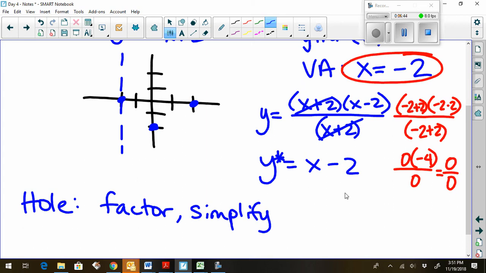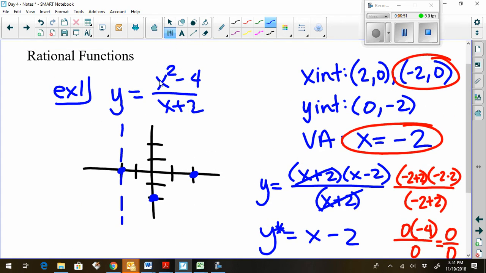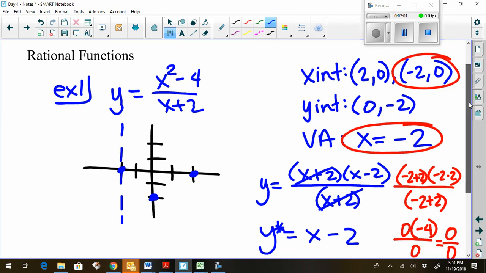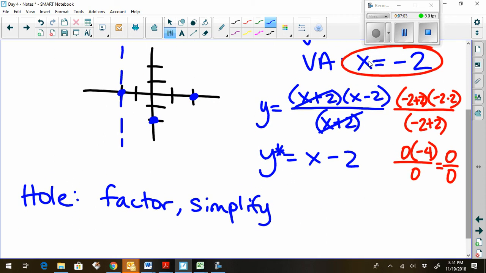The reason we call it y star is because it's a function, but we have to remember that our whole function includes this denominator. So our function would end up being a line if we just used y star, but we have to remember that we had this denominator before. So we plug in the contradiction into y star.